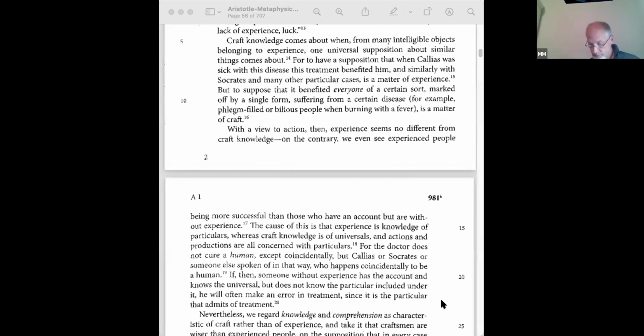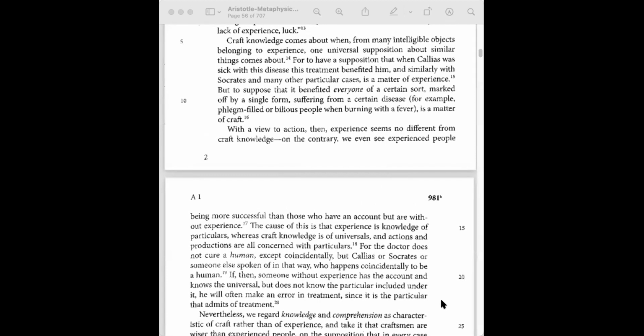With a view to action, then, experience seems no different from craft knowledge. On the contrary, we even see experienced people being more successful than those who have an account but are without experience. The cause of this is that experience is knowledge of particulars, whereas craft knowledge is of universals. And actions and productions are all concerned with particulars.